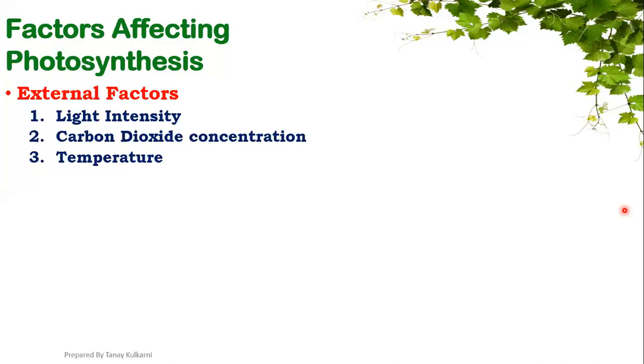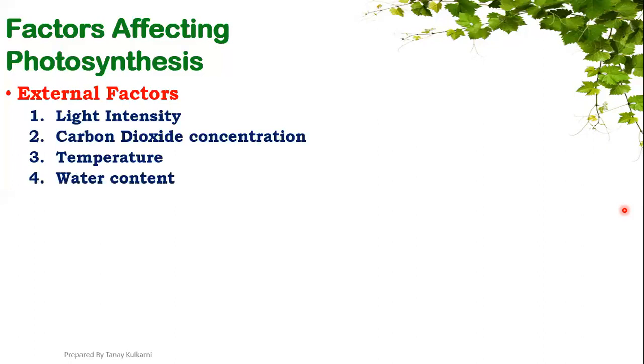But if the temperature rises from 30 degrees to 35 degrees, because 40 we can't take, the process will get stopped. So up to 35 degrees Celsius, we can see the rate of photosynthesis can become double, from 40% to 80%.